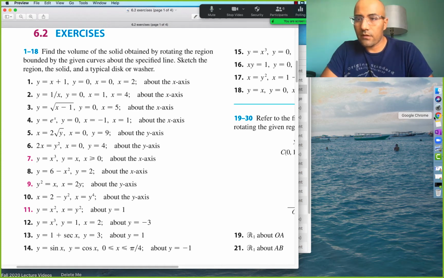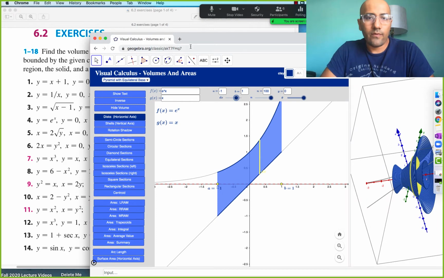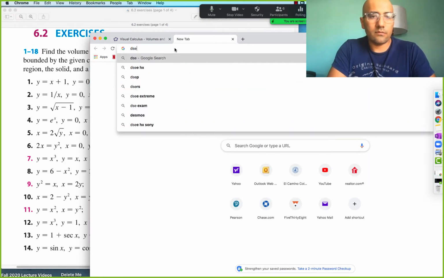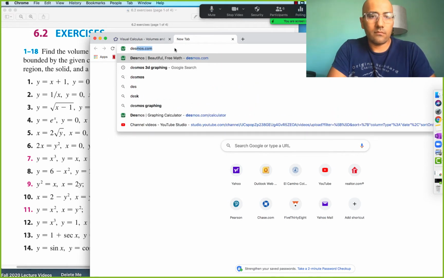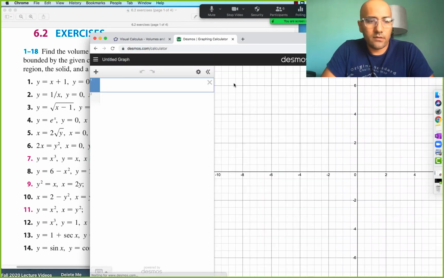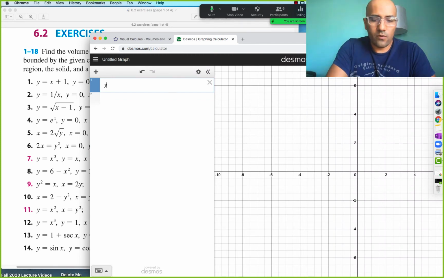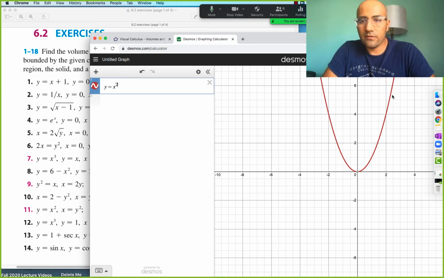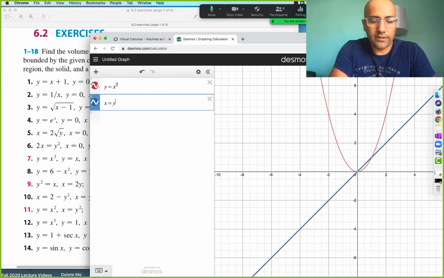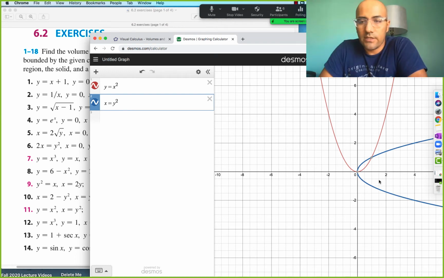And then let's go to Desmos, graphing calculator. So we have y equals x to the second power, a nice standard parabola. And then we have x equals y to the second power. So that's going to be like this.